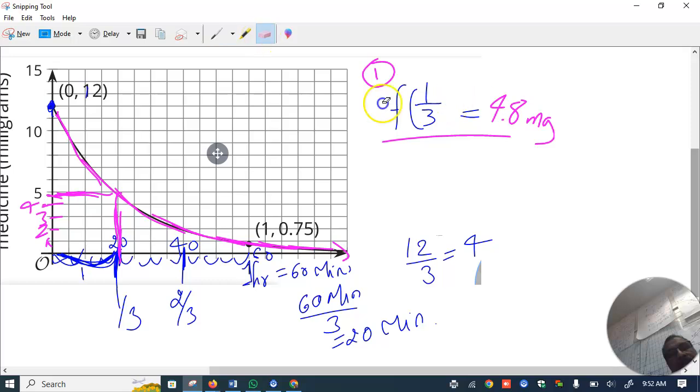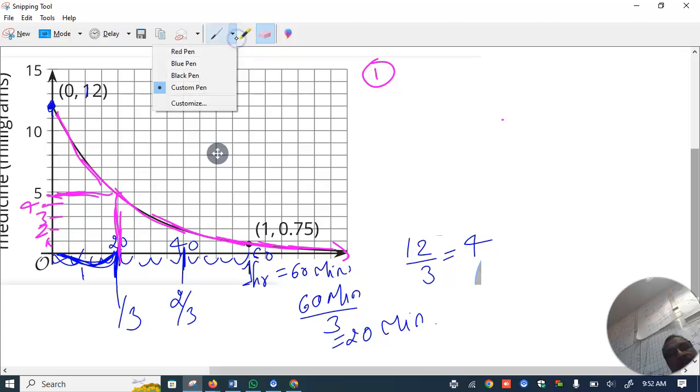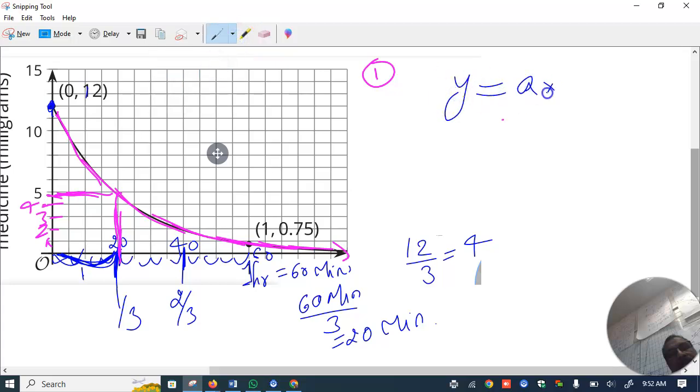We have to see what is there in the beginning. The formula is y equals a times b raised to x. Here y represents f of t, the amount of medicine in the bloodstream after t hours.